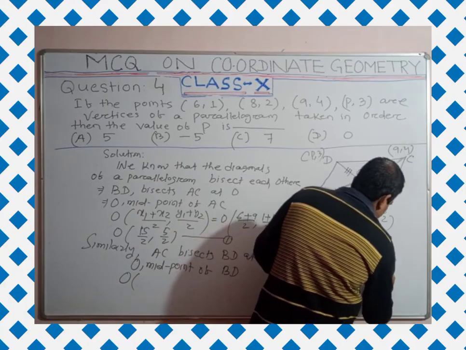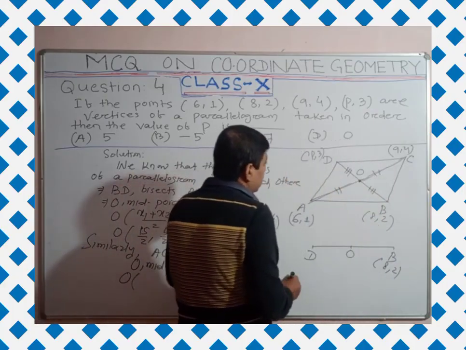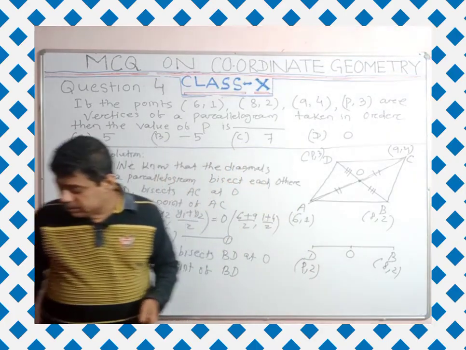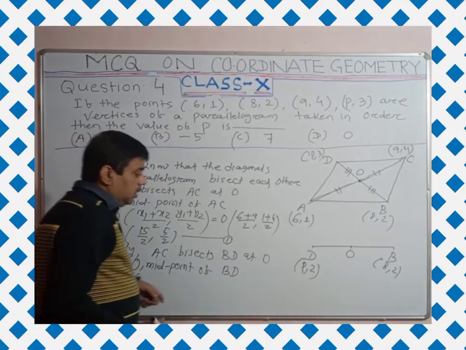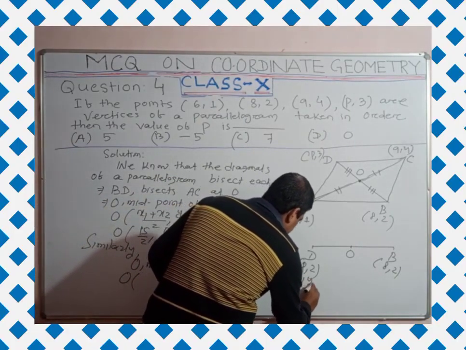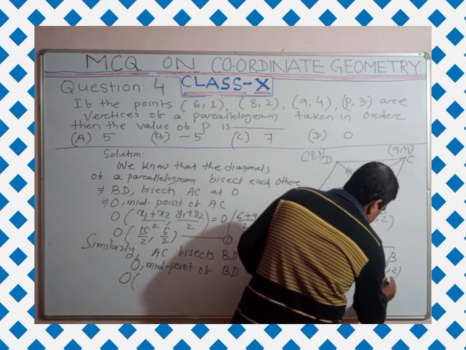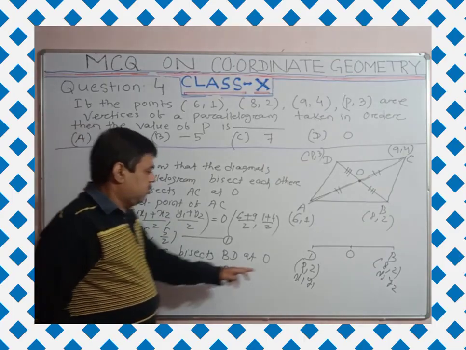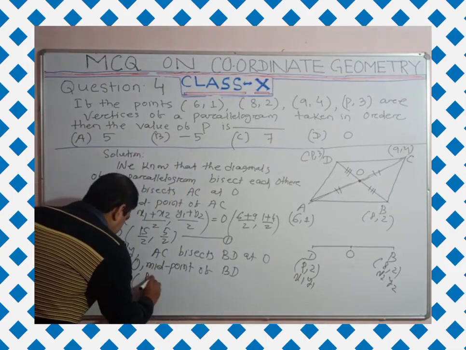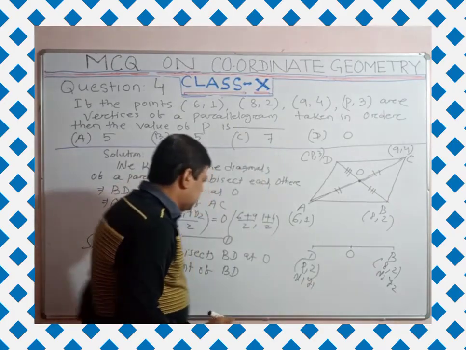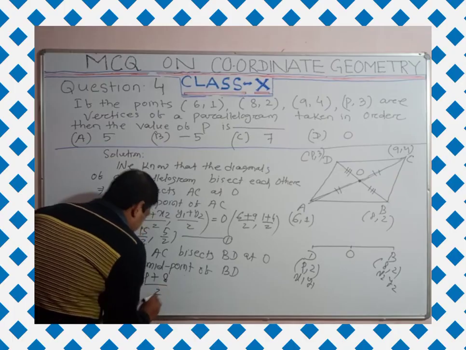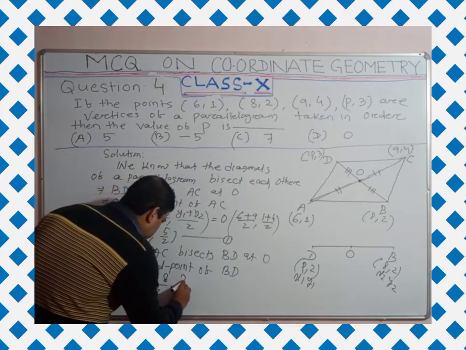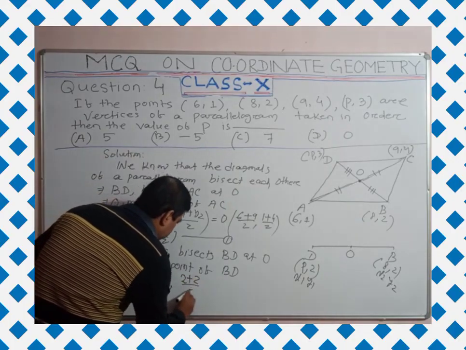The coordinate of B is given, (8, 2). And the coordinate of D is given as (P, 3). The x coordinate is P and the y coordinate is 3. So using the midpoint formula, here this is x1, this is y1, and this is x2 and this is y2 of the points D and B. So x1 value is P, I write P plus the value of x2, 8, by 2, and y1 plus y2, here y1 is 3 plus y2 is 2, by 2.